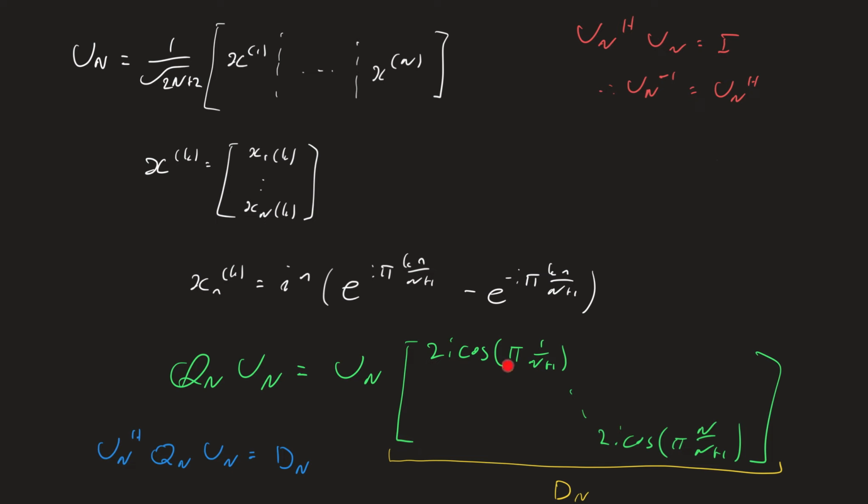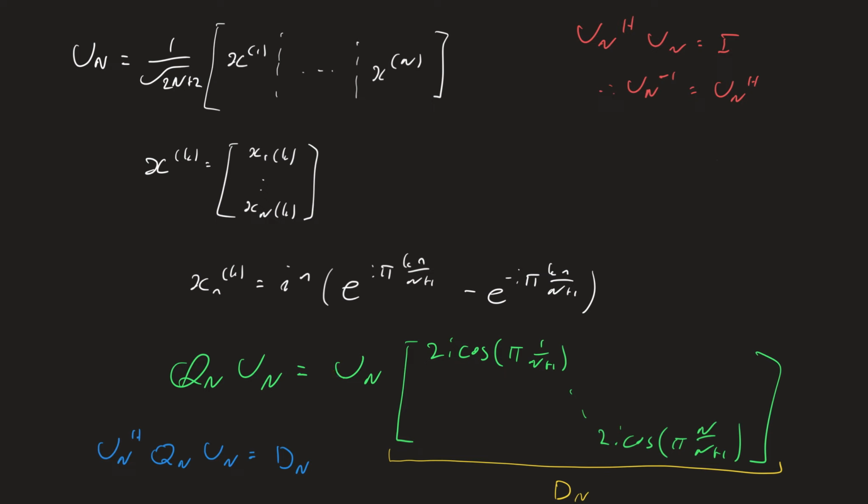We call the diagonal matrix, whose kth diagonal entry is the kth eigenvalue of Q of n, this matrix D of n. So we have Q times U equals U times D, the eigenvector equation, so to speak.